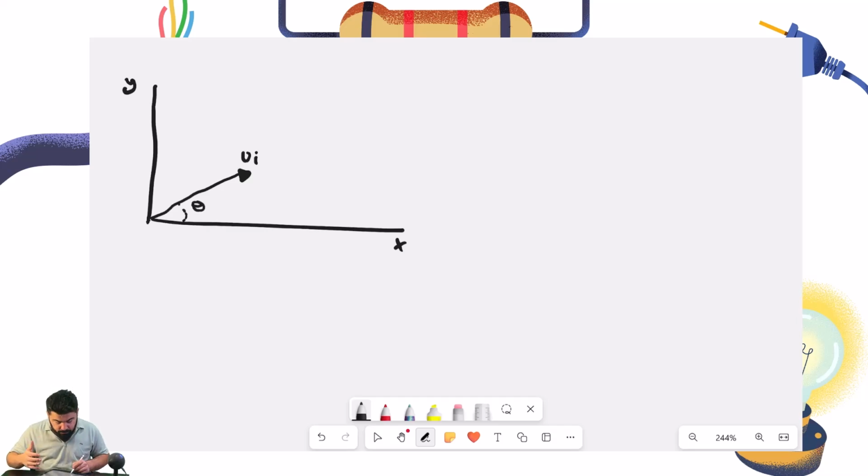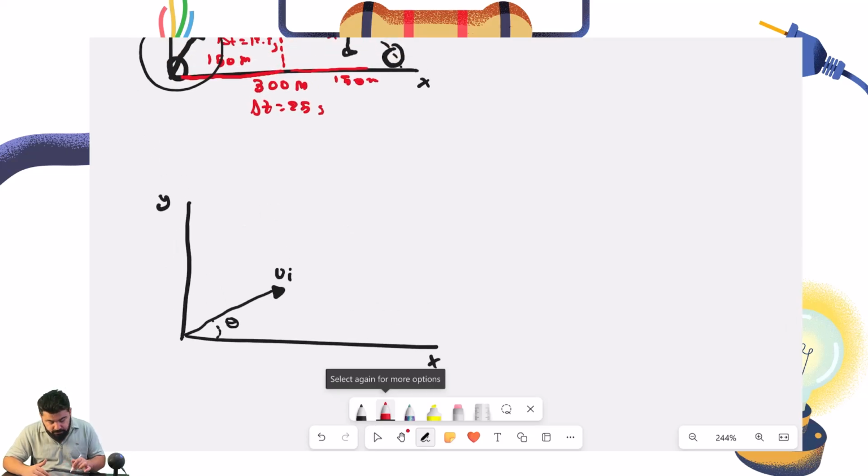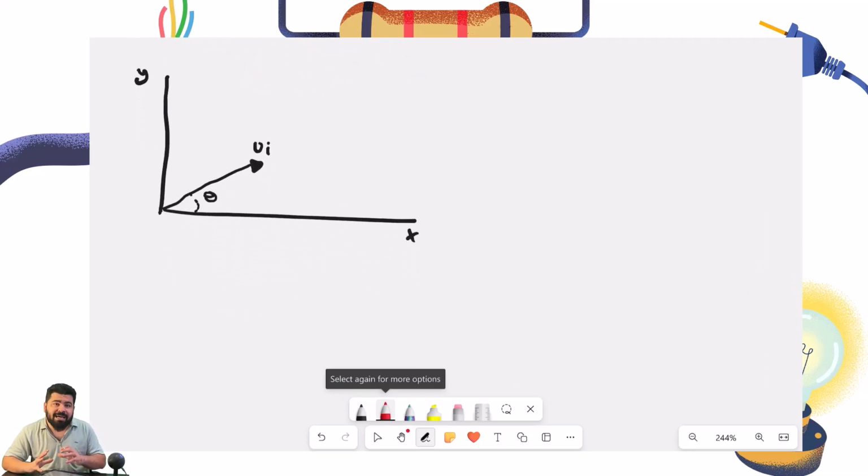Now I only took this vector, and it is going to be analyzed into two components. I have the x component, which I'm going to call vx initial, and then I have this one, vy initial. Remember that if the angle is made with the x-axis, cosine goes with the x-axis.